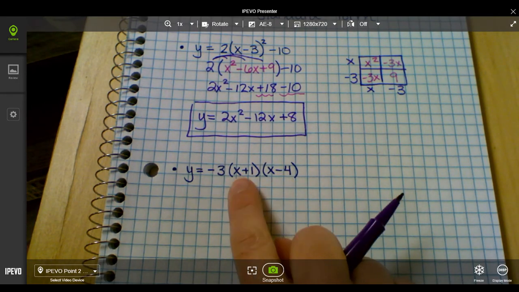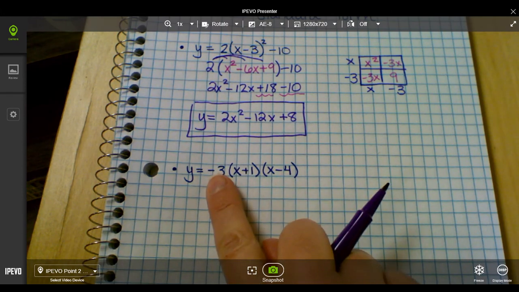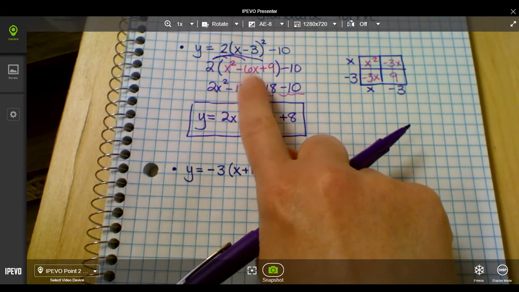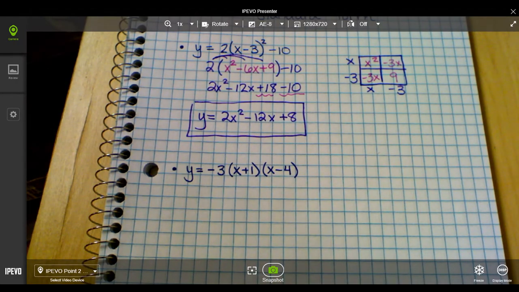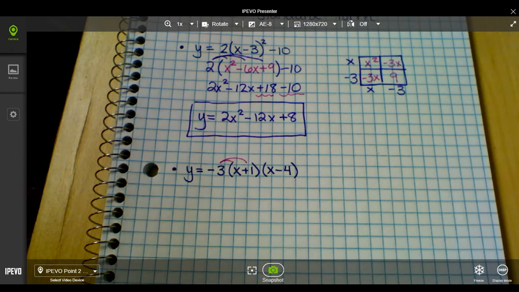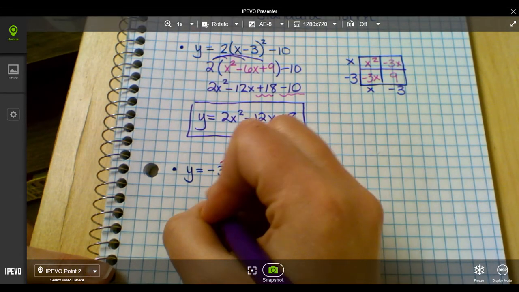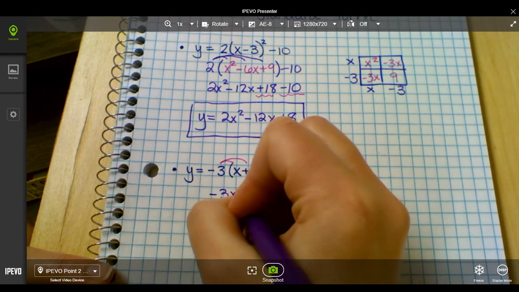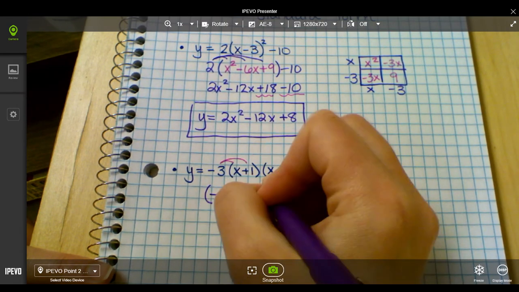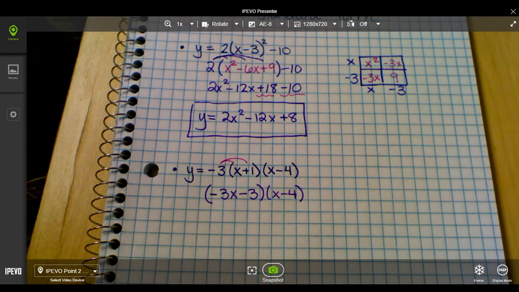Or you can do the generic rectangle between the x plus 1 and the x minus 4 first, and then distribute the 3 out, just like what we did up here. I'm going to do it the other way. I'm going to distribute this negative 3 first, just to make it a little bit easier. Remember, we're only distributing it to that first one. It doesn't need to go to both. So we have negative 3x minus 3, and then we're multiplying that by x minus 4.